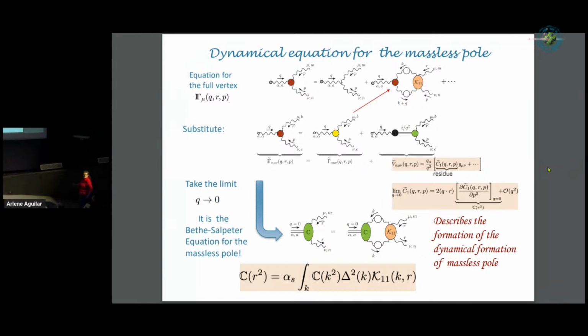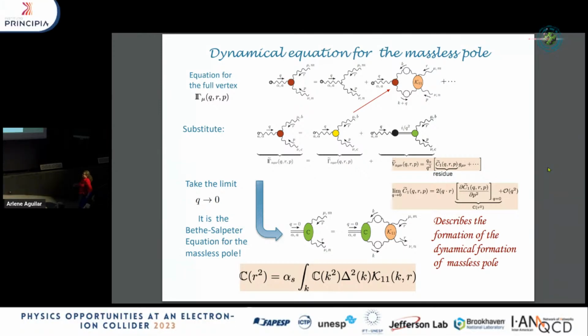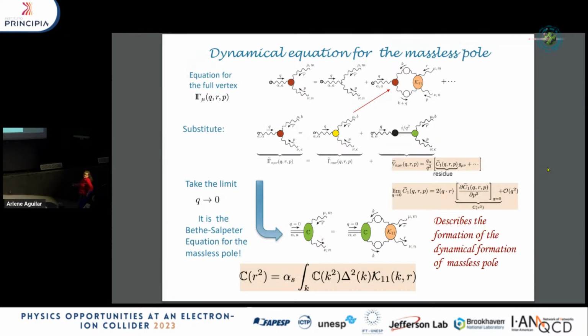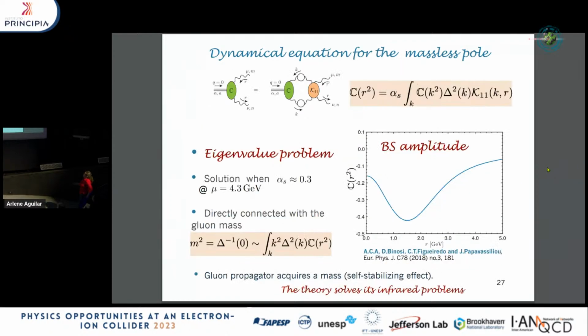So I studied this Bethe-Salpeter equation. If I find a solution for this equation, I have the answer: yes, my dynamics allows the formation of this massless pole. I have enough strength for creating it. And it was precisely that what you did.